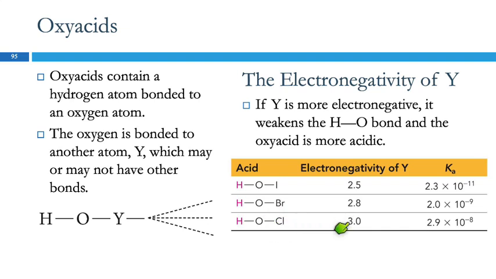It's 3.0. And so chlorine is going to pull electrons away from oxygen, which makes oxygen pull electrons away from hydrogen even more. So this is the most weakly held hydrogen, so this will be the strongest of the acids. So here, this one's 10 to the minus 8, 10 to the minus 9, 10 to the minus 11. Iodine is less electronegative than bromine.